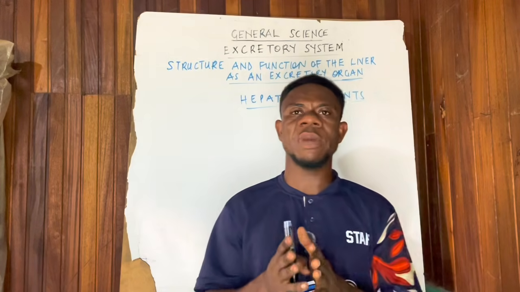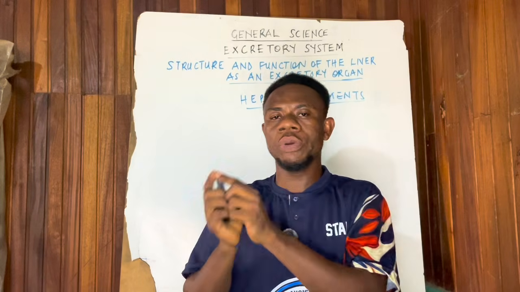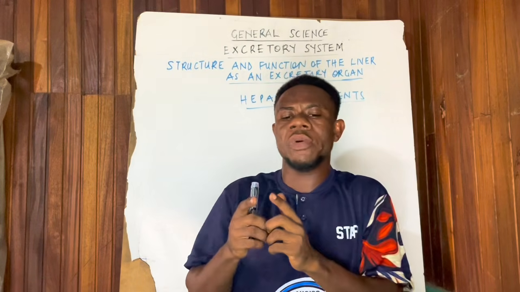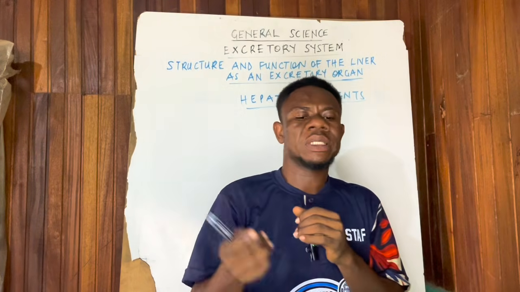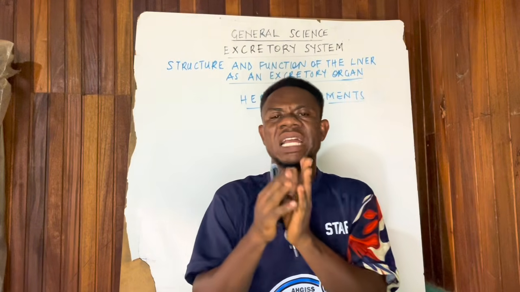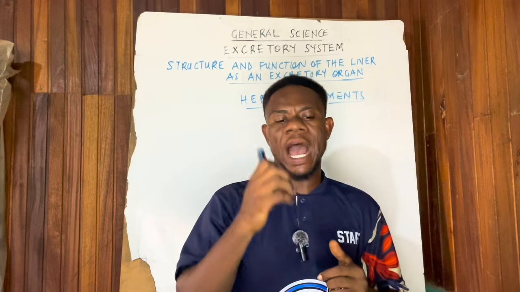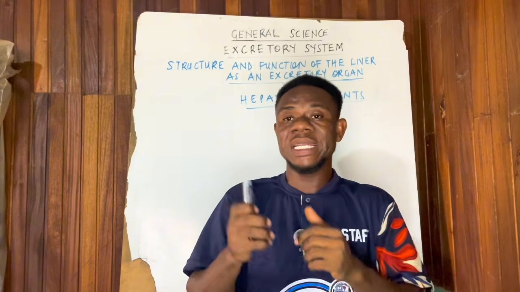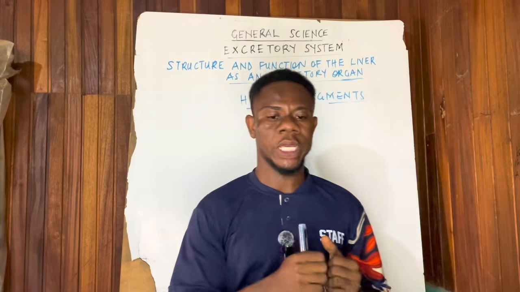We also have segment VII, which is the right posterior superior, which is the right lobe at the back and upper. We also have segment VIII, which is the right anterior superior, which is the right lobe, front and upper. So these are the various hepatic segments.